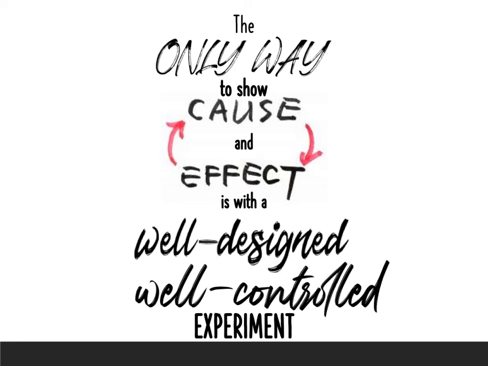This is an extremely important idea, and it goes into the lifelong. You've got to remember that just because two things seem related, and that's where correlation comes in, there might be a relationship, but you cannot show that one is causing the other without designing an experiment that is well controlled.